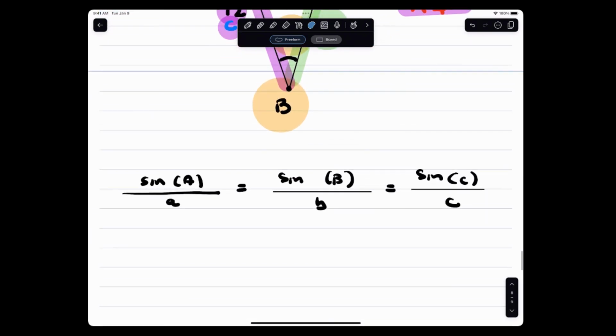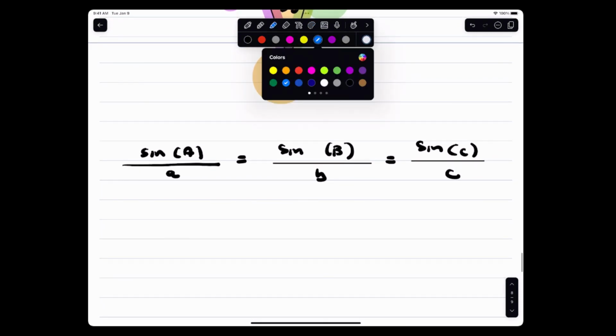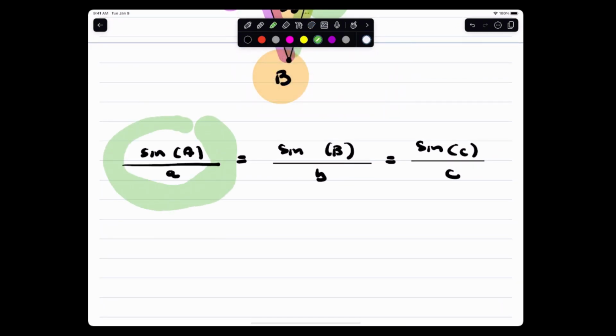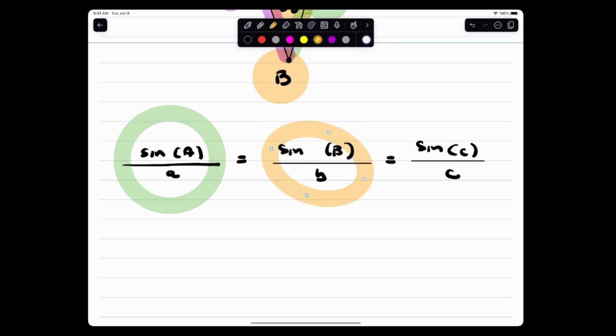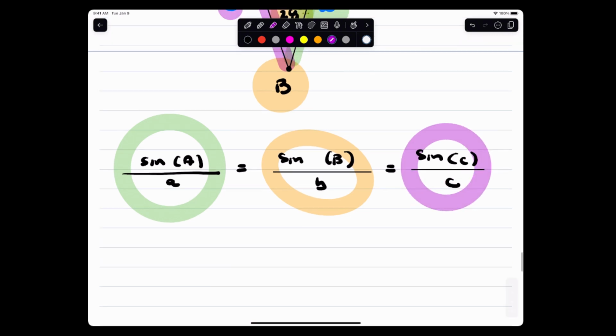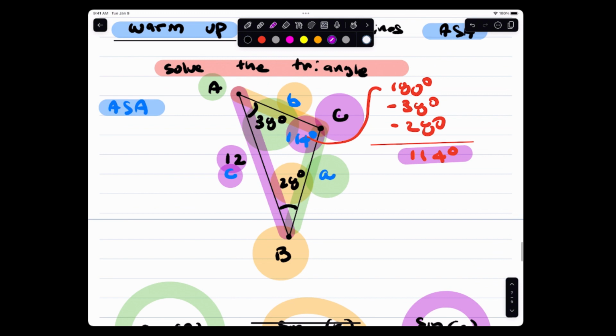So A was green. Gold or orange was B, and then purple was C. So, ladies and gentlemen, take a look here.